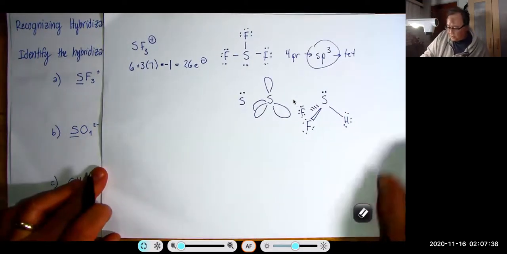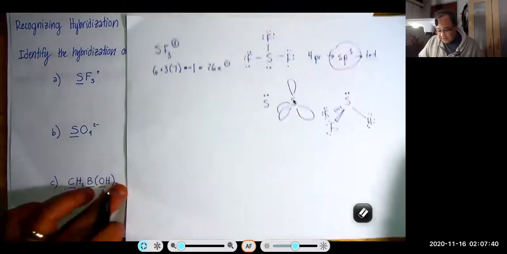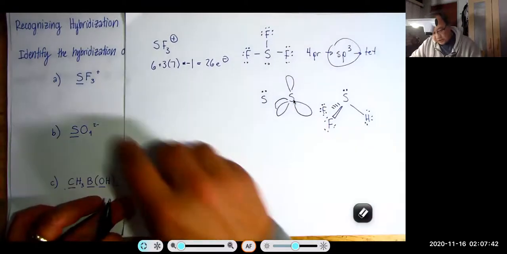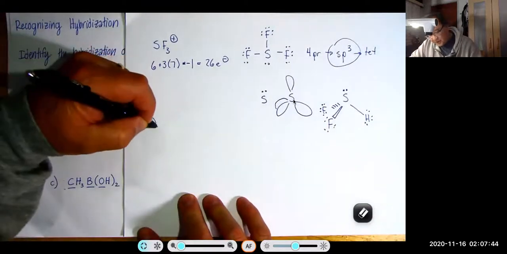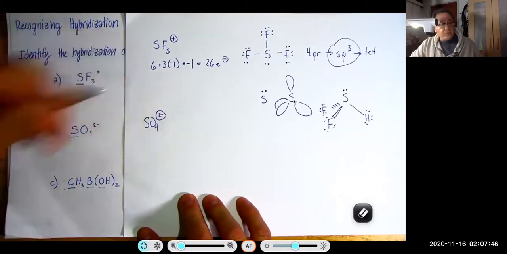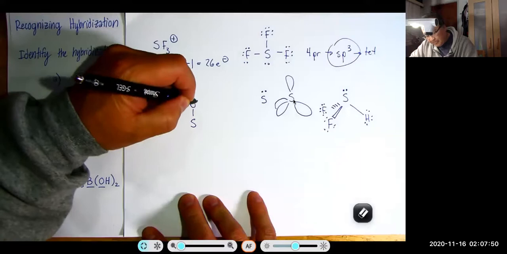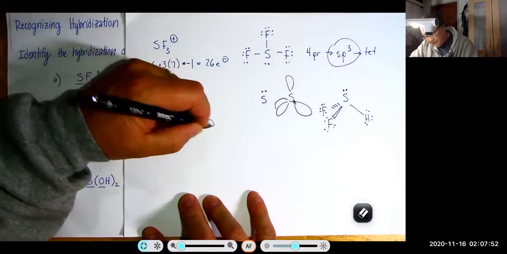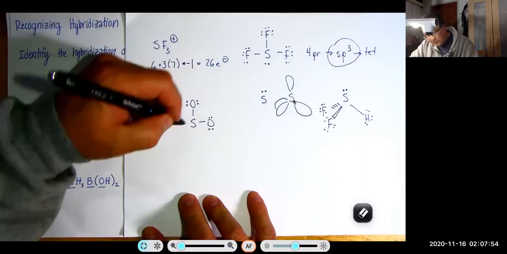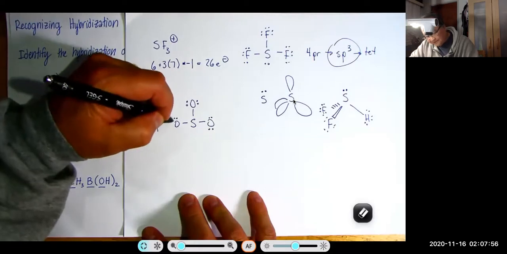So how about this one? There's a nice little description in the book of this SO4 2-. The book tells you that there's really 2 Lewis structures you could draw for that. And the book prefers this one. And they prefer this one based on a theoretical study.